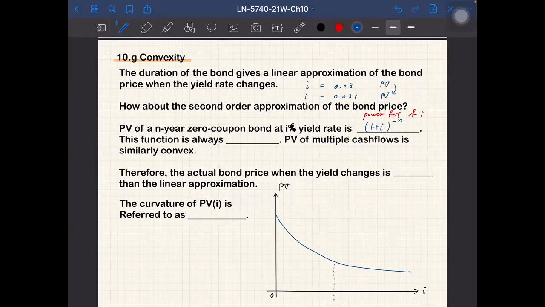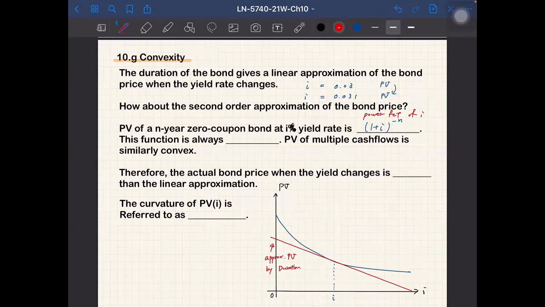If we have some yield rate i, the linear approximation using the duration is like this. This is the estimated price, the present value approximated by using duration.